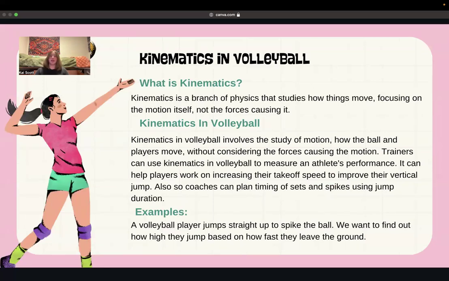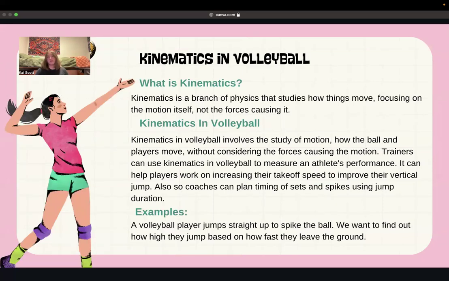Trainers can use kinematics to measure an athlete's performance. It can help players work on increasing their takeoff speed to improve their vertical jump, and also for coaches so they can plan timing on sets and spikes using jump duration.